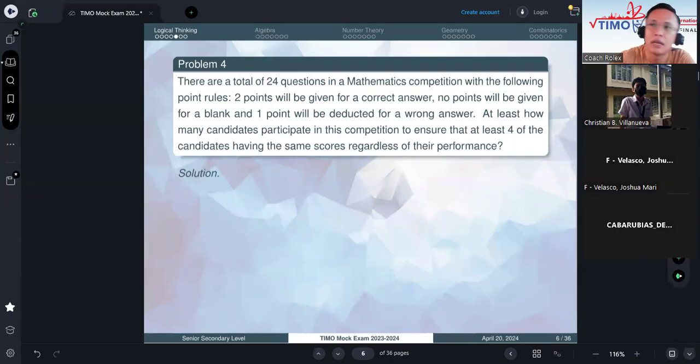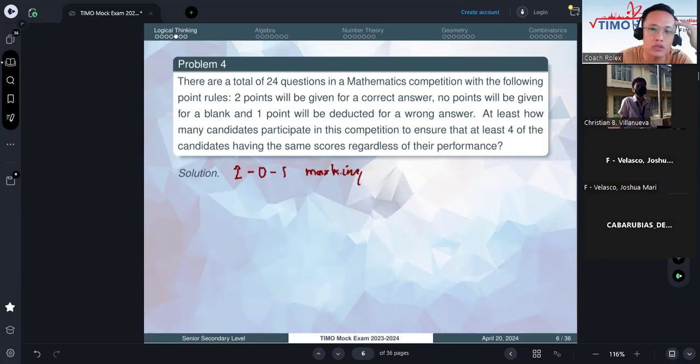So in problems like this, this is a 201 marking system, meaning 2 points for correct, 0 for blank, 1 point deducted for wrong answer.